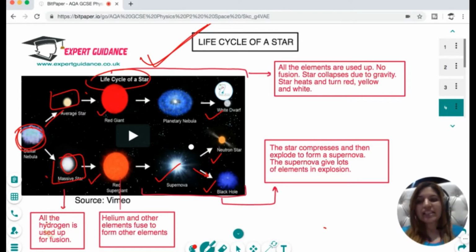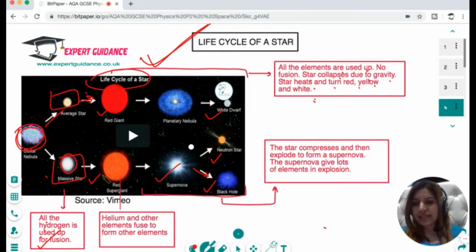Now, as all the hydrogen is used up for the fusion, the gravitational pull and fusion are no longer balanced and the star explodes. So here, all the elements are used up, no fusion, the star collapses due to gravity, and the star heats and turns red, yellow, and white.